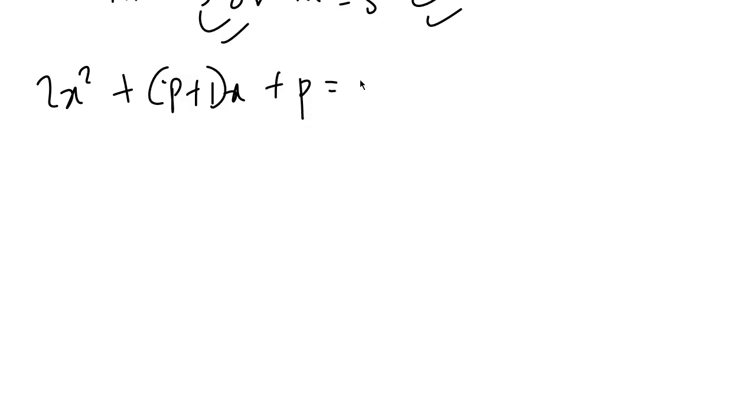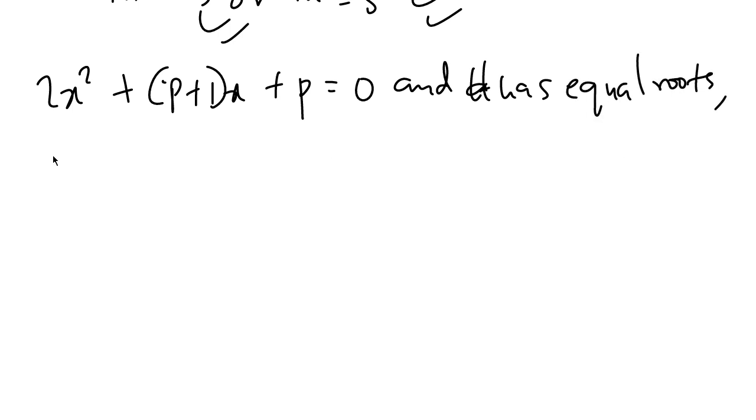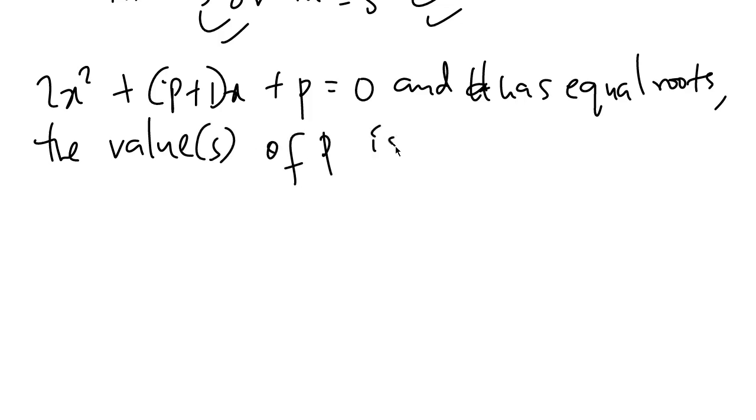If you are given 2x squared plus p plus 1x plus p equal to 0, and it has equal roots, the values of p is or are, this is a question.